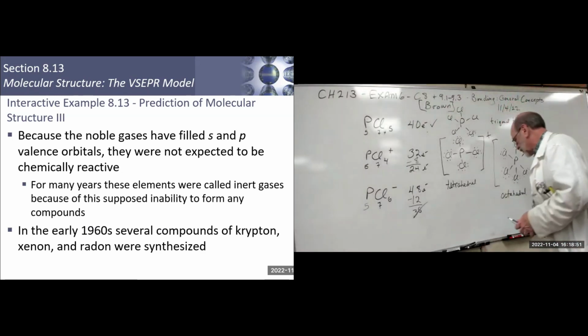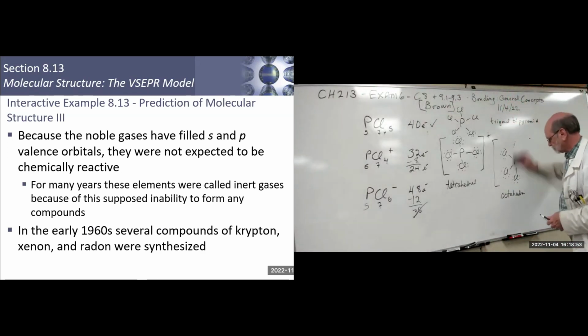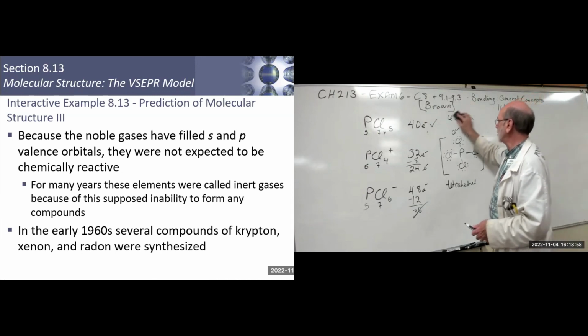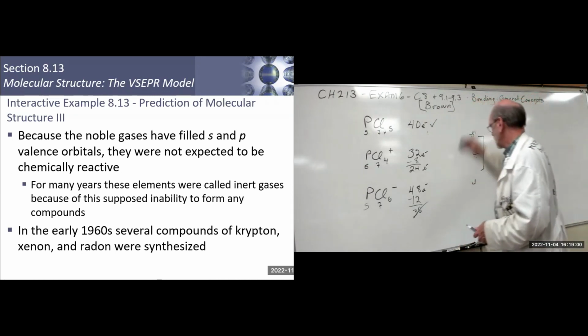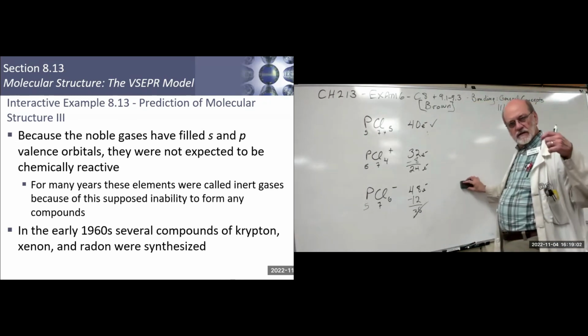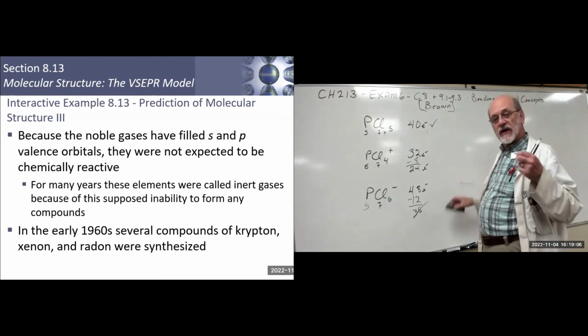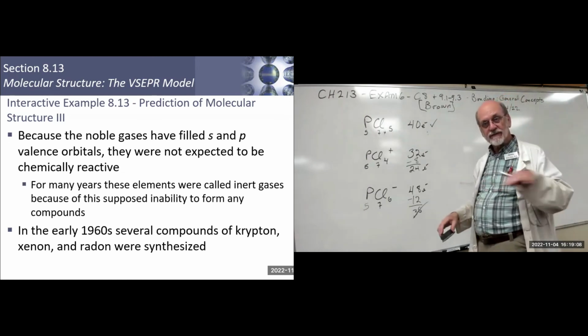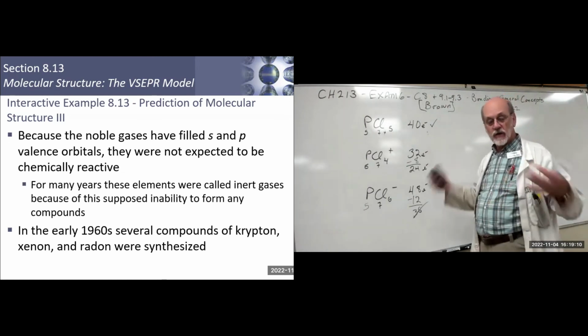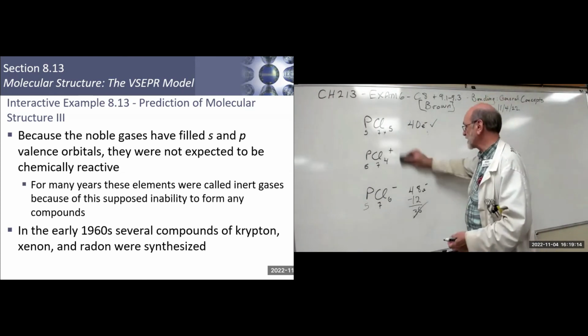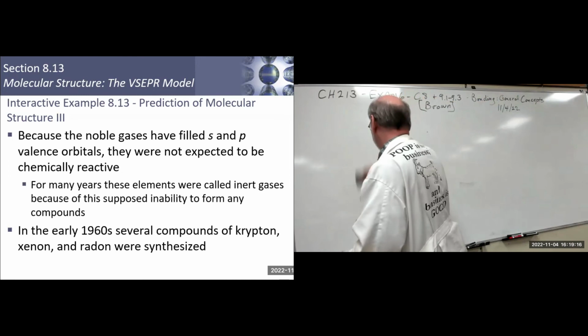Now, our last, I'm pretty sure this is the last discussion. For the longest time, chemists considered the noble gases to be inert because their s and p orbitals were completely filled. In fact, all of their valence shells were filled with electrons. They were not expected to be reactive at all.